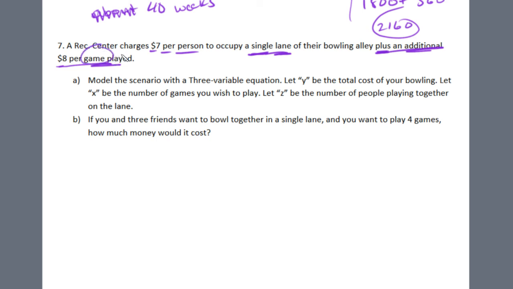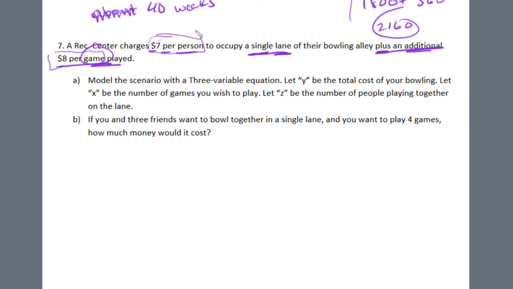Now, I'm going to go ahead and specify. The lane doesn't care how many people play each game, right? The $8 is per game, as in that's based off of the time you're going to sit there bowling, right? So the varying price is only $7 per person, and then per game is $8.